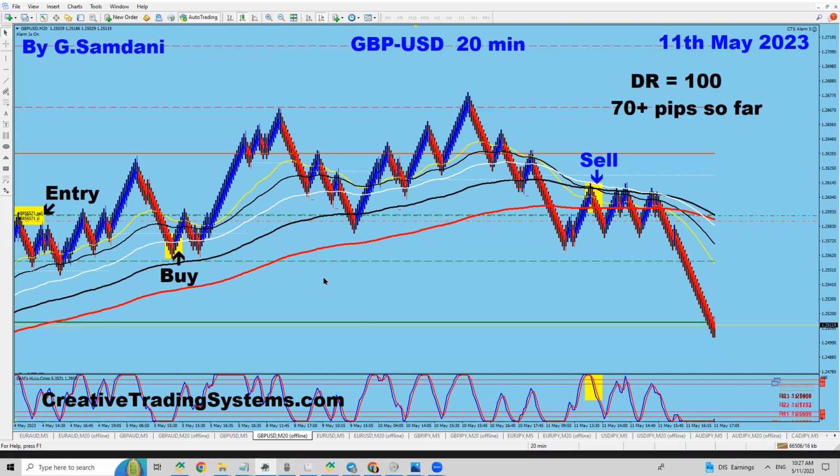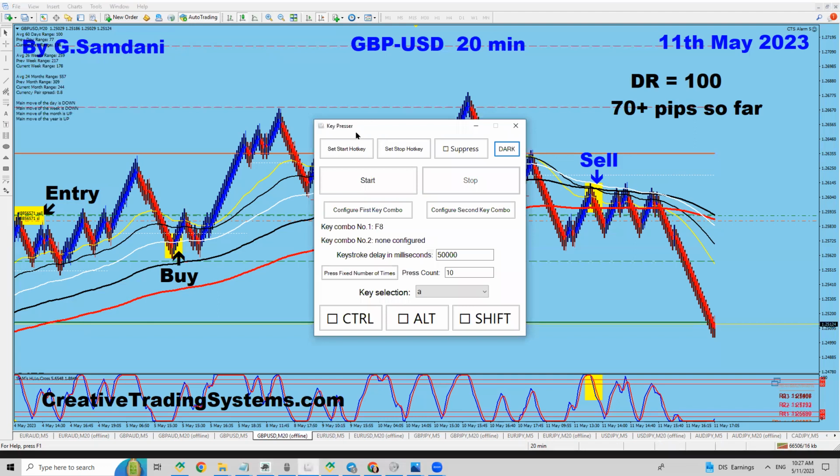But now the question is, who's going to press the key every minute? For that, I have this. It's called a key presser. You set the time for how often the key needs to be pressed, and it does the job. It presses the F8 key at that interval, and as soon as the F8 key is pressed, my refreshing starts.